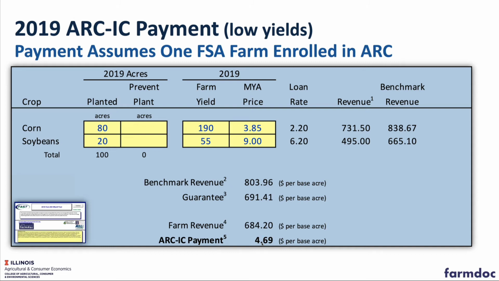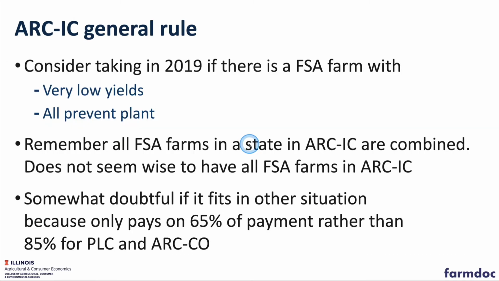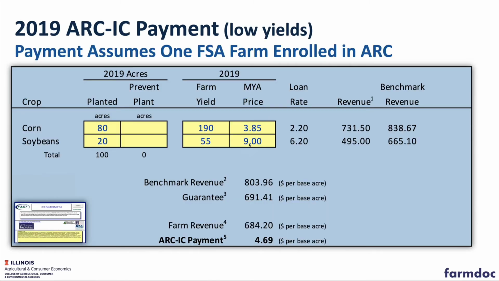If you lower these numbers here, you'll get a higher payment, obviously. Again, the minute we plant any of an FSA farm to any crop, it is averaged based on those plantings.